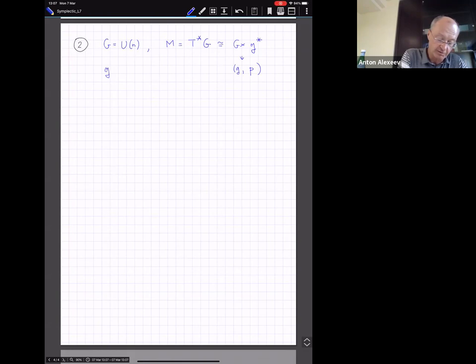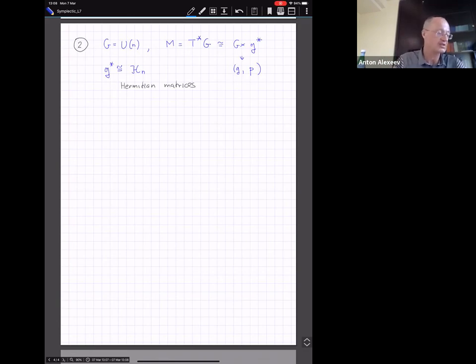Let me recall that g star we can identify in this case with the space of Hermitian n by n matrices.